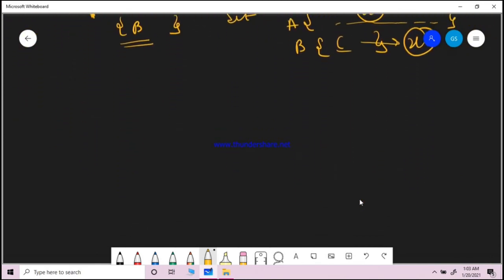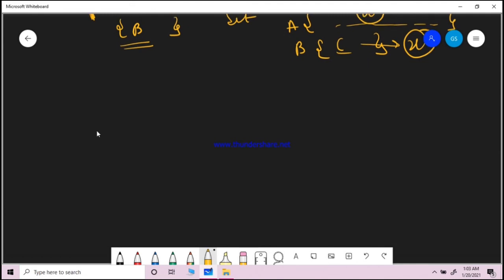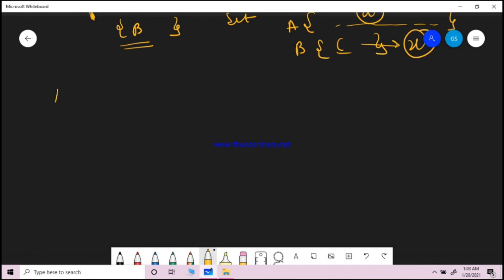Let's consider this example. This example says that we are having a set A: 1, 2, 3, 4, 5. B is a subset: 3 and 4. Whatever the relation is, the Hasse diagram is something like this.